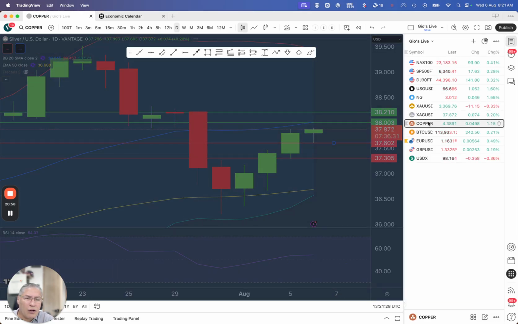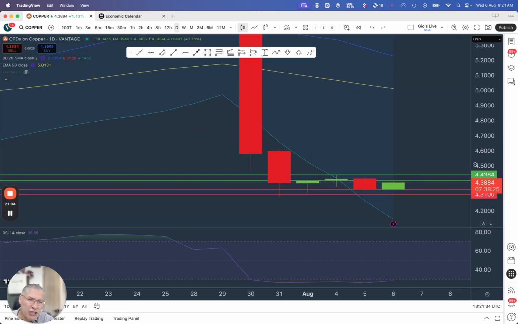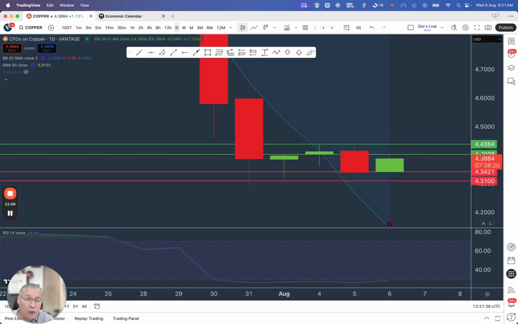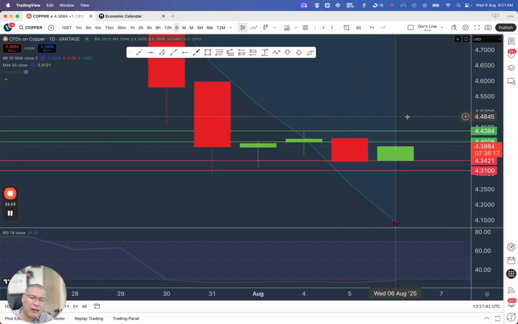So being long silver. Copper, sideways trading, ranging, a lot of congestion. This is a great setup for a breakout or a breakdown in that essence. So yesterday's levels, we have moved that, but today the market opened right at the level that I have here.